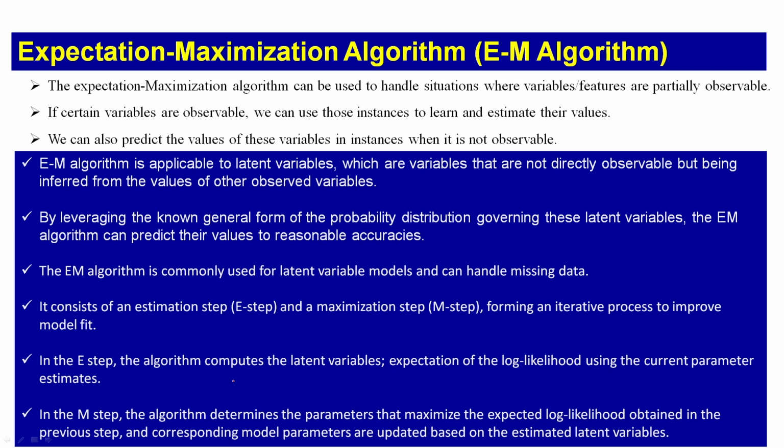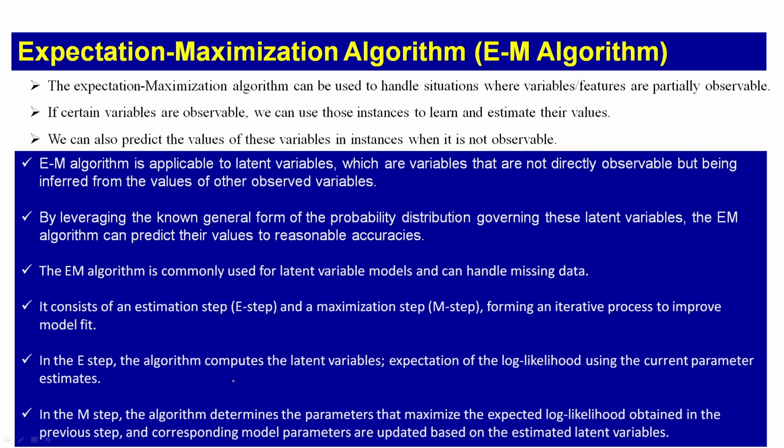Now, listen carefully. So, how do you do that? Basically it is by leveraging a known general form of probability distribution. It can be any, it can be Gaussian, it can be chi distribution, it can be a binomial distribution, you can take any of them which can govern these latent variables. The EM algorithm then predicts the values of these variables very accurately, but since some data are missing, how do you do that, right?